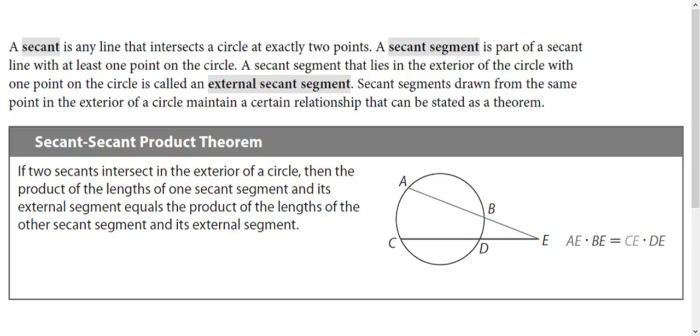So in addition to chords, we have secants. Secants are like chords, but they keep going to the outside of the circle. They go through the circle and keep going. And the formula for secants is you take the entire length of the secant segment from A to E, the whole length, times BE, which is just the outside part.